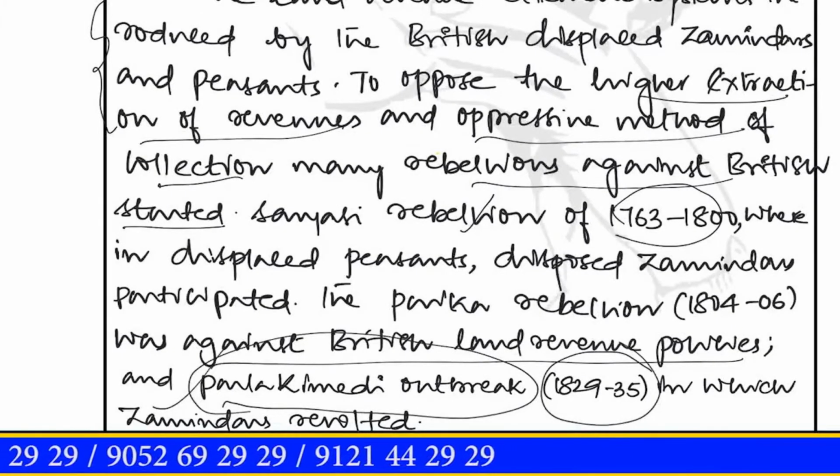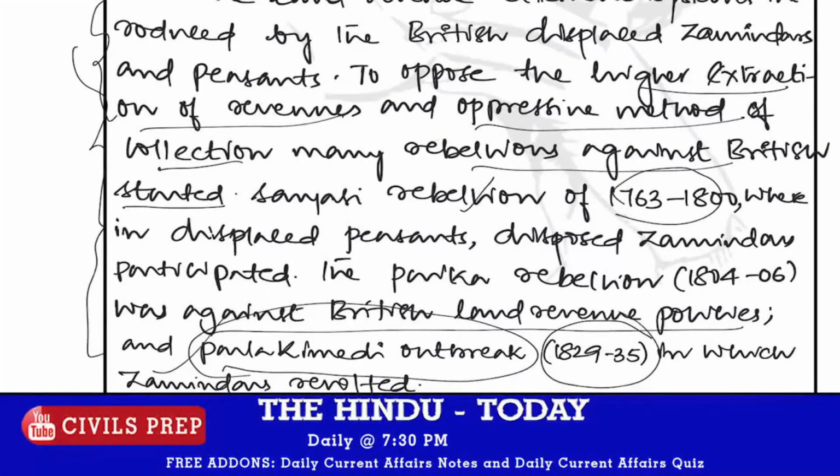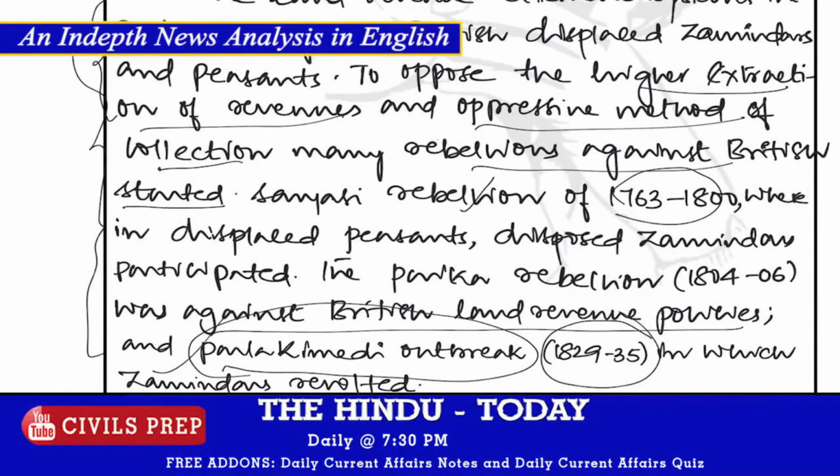Now what this paragraph is trying to establish is that we are mentioning those events where peasants and jamindars revolted against the Britishers, because our fundamental aim is to establish that the causes of the 1857 uprising were there even from 1757. That is our intention in writing this paragraph.